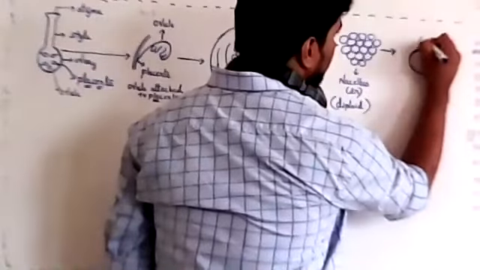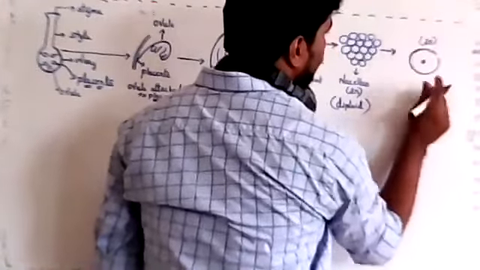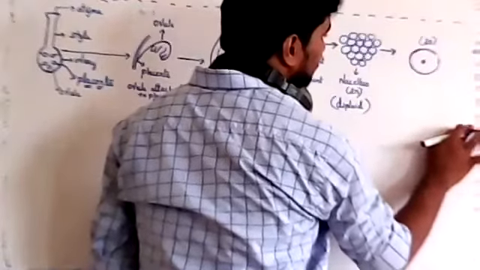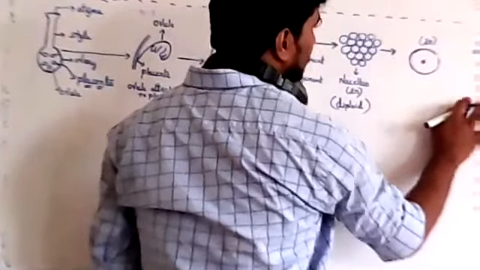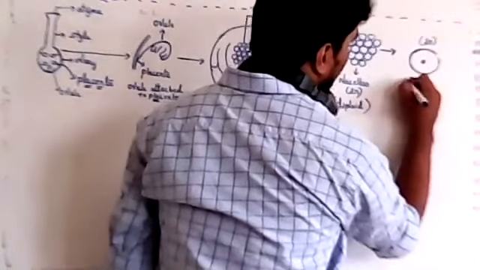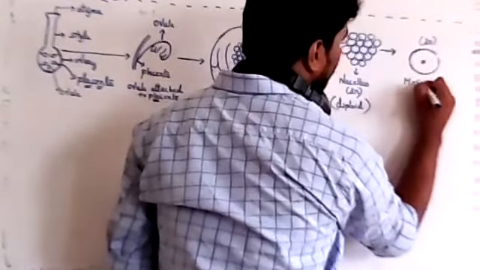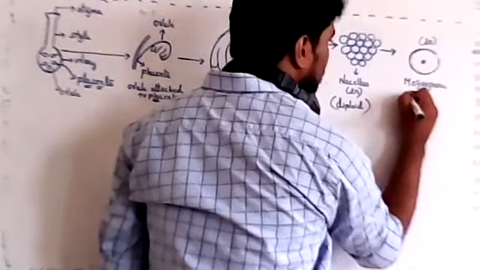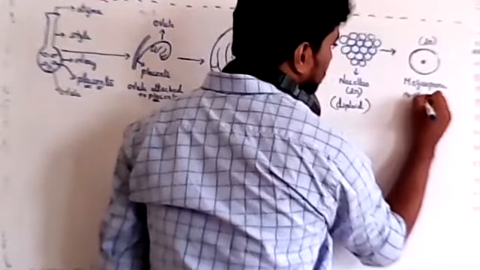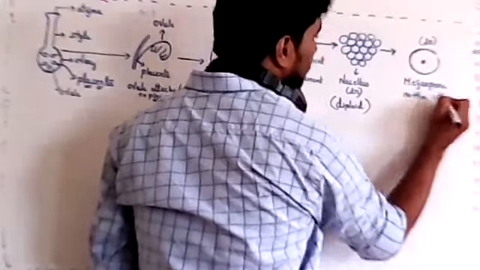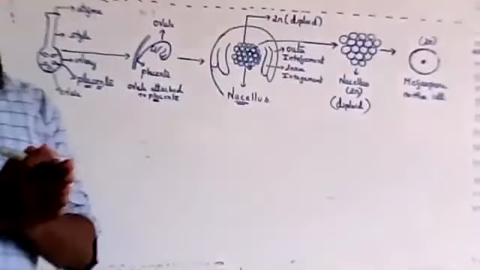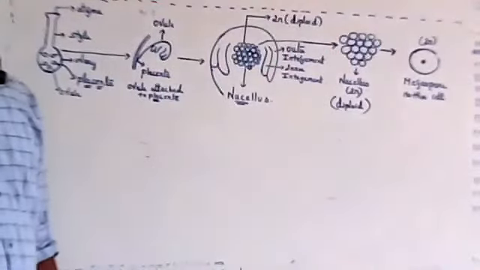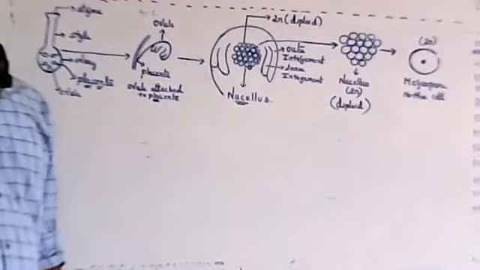So this cell is diploid now. And this cell is called the megaspore mother cell. The one cell which has increased is called the megaspore mother cell.